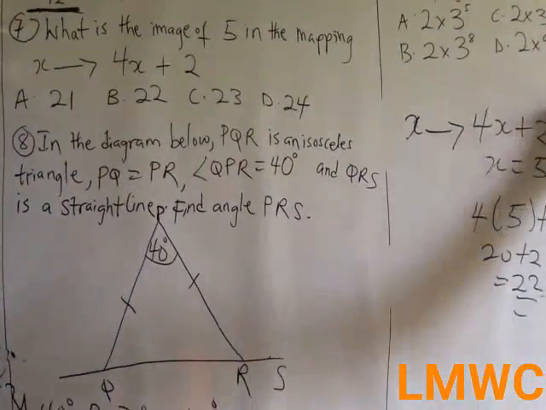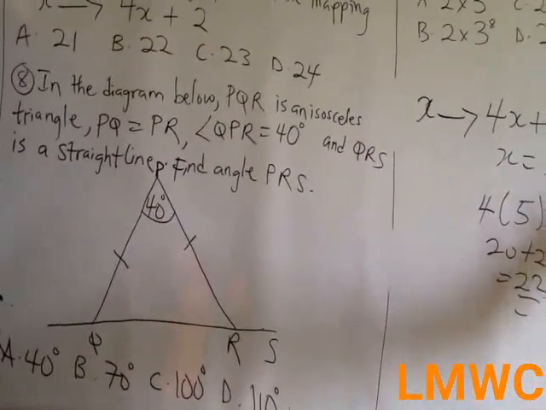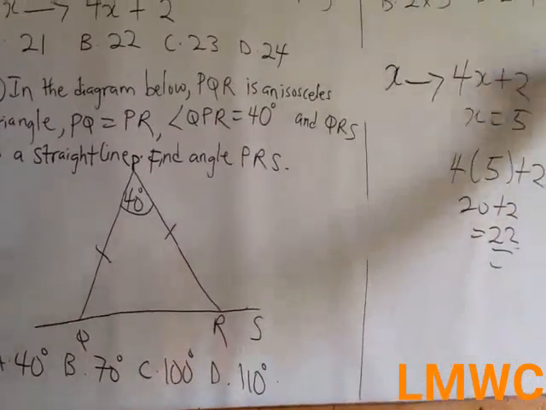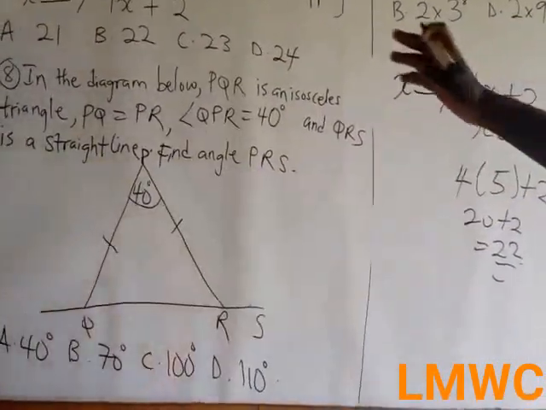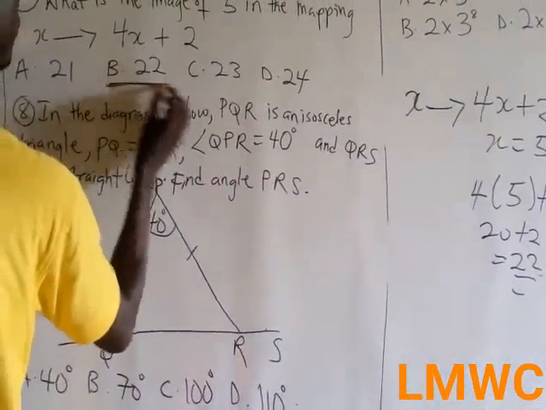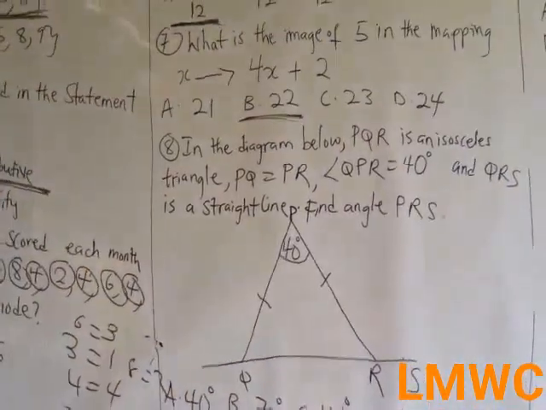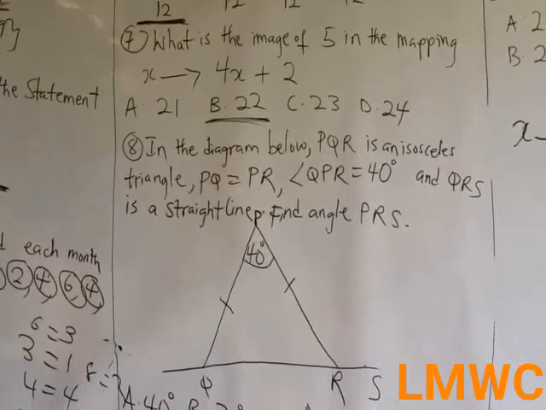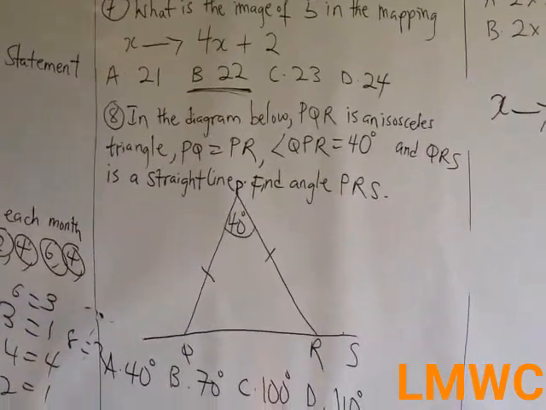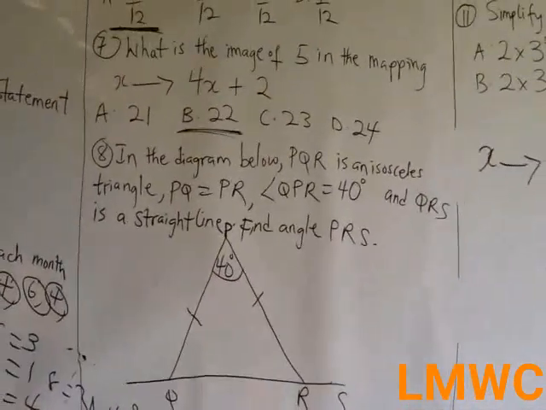If even they give you half x plus 3, you just put in 5 and work it. You just follow the formula. So the answer is B. Question 8 is under angles. In the diagram below, PQR is an isosceles triangle.